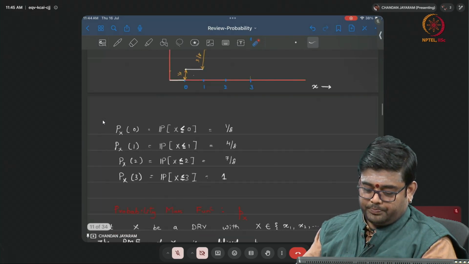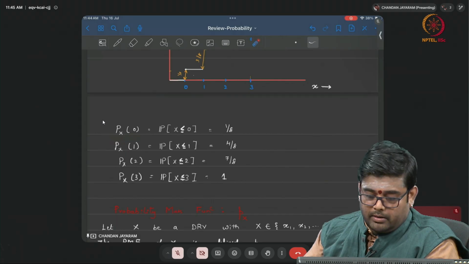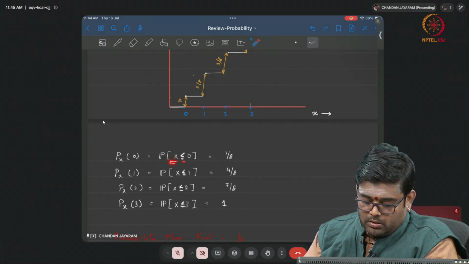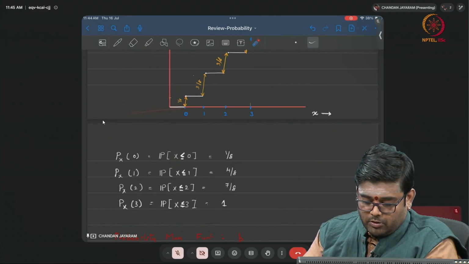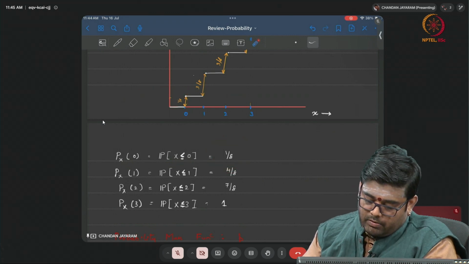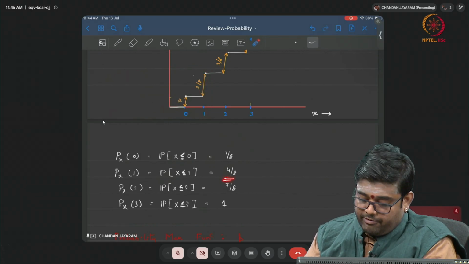Okay. Yeah. Now if you consider the cumulation of probability till that point, at 0, what is the probability? You have obtained this jump, so it is 1 over 8. At 1, you would have accumulated 1 over 8 plus 3 over 8, which is 4 over 8, which is half.